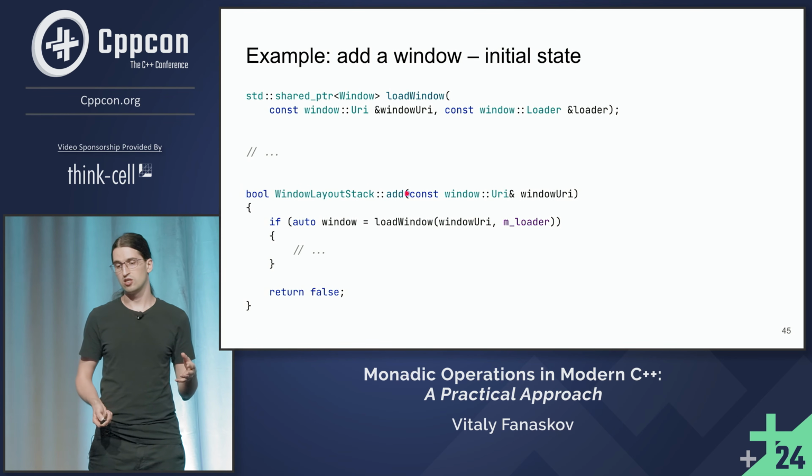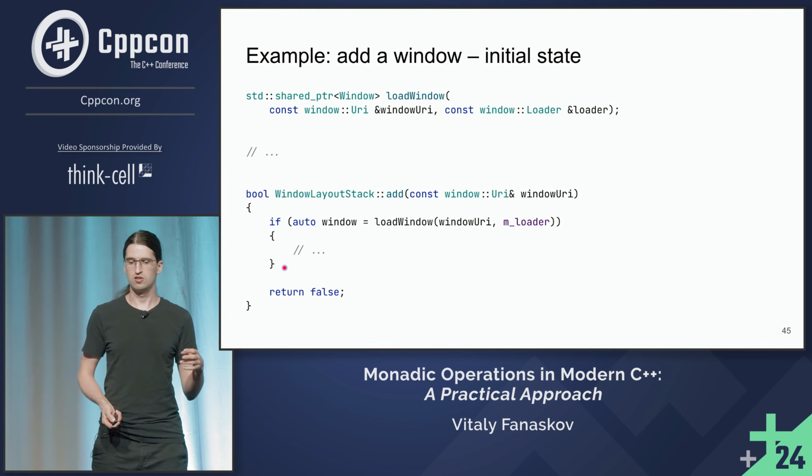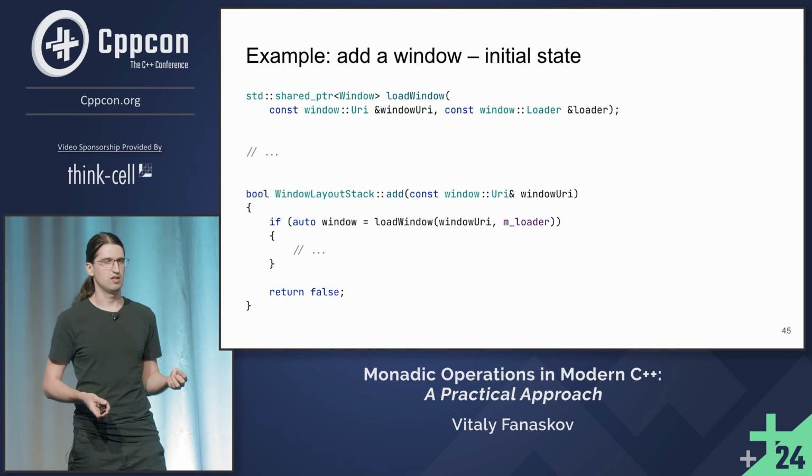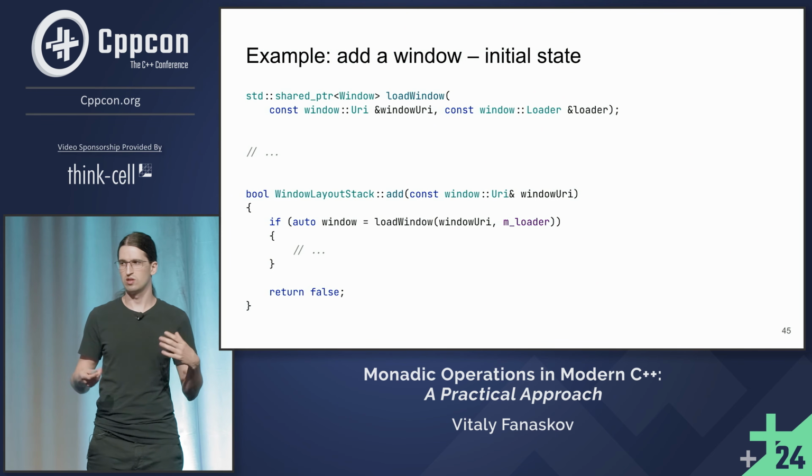And then we had, suppose, an old interface that returns bool: when the window is loaded, it's true, otherwise it's false. If the window is loaded, we do something with it, doesn't matter what. And if it's not loaded, we return false. So I guess many of you have source code like this in object-oriented style.